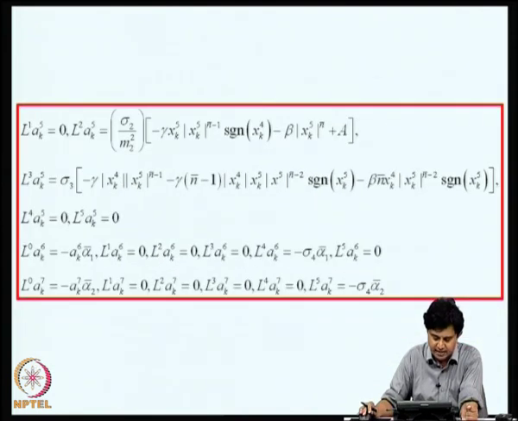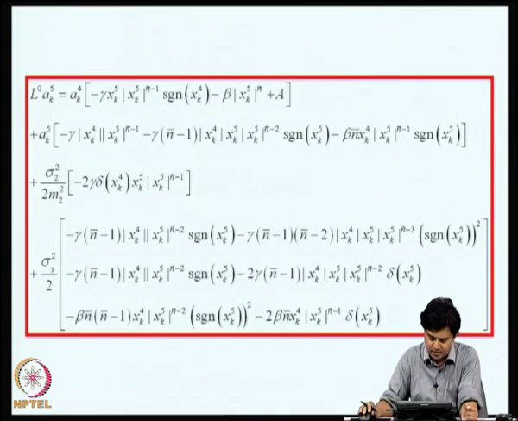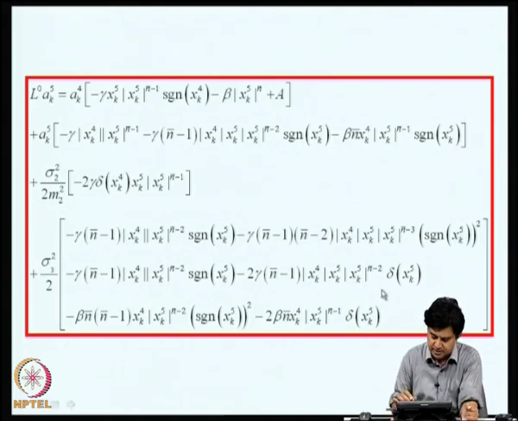These are all details that you would need when you want to solve this. All this is tedious, but conceptually not very difficult to implement. You will see that here we have signum functions, and in some places we have Dirac delta functions on the right hand side.